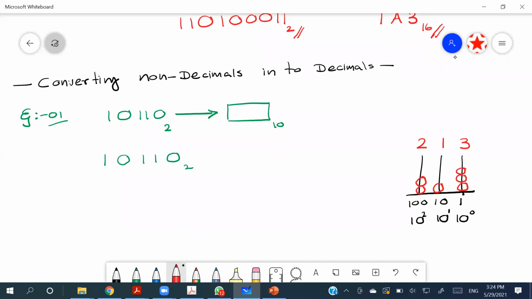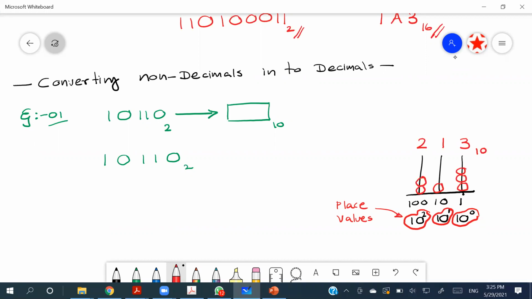Since this is a decimal number, it has 10 to the powers as its place values. These are called place values, right? Why is it having 10 to the power place values? Because it is a decimal value.